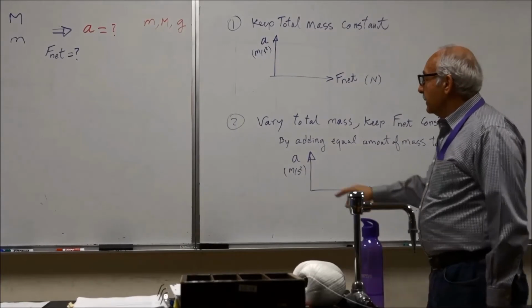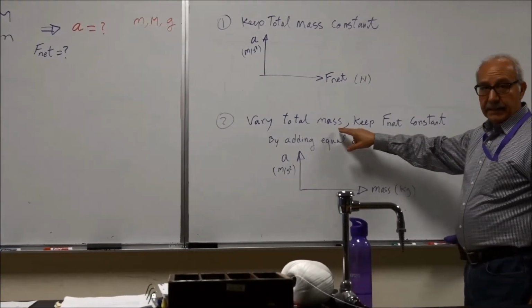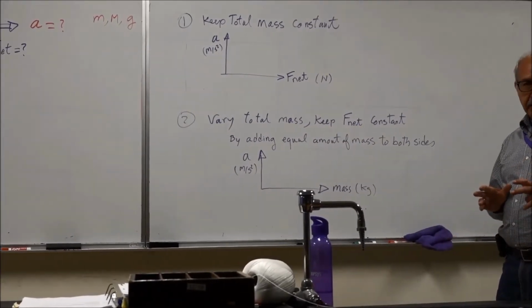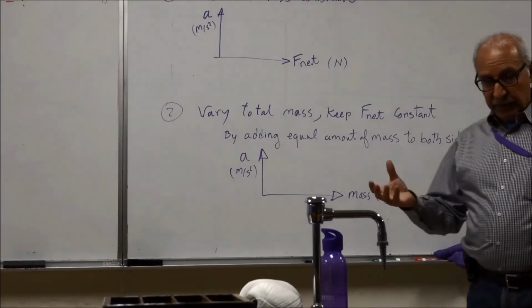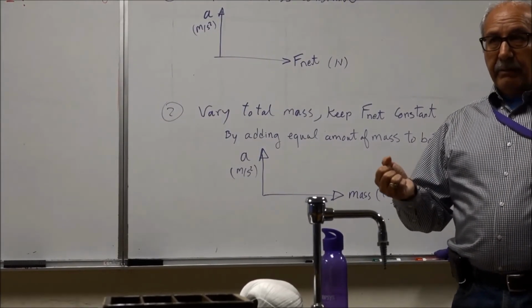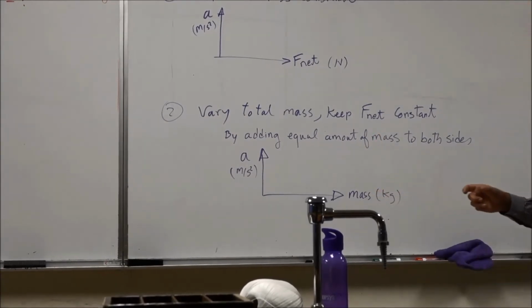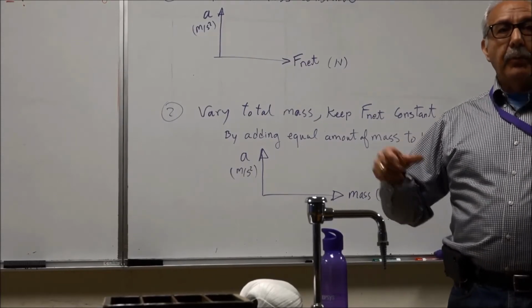The second part, we are going to vary the total mass, but we are going to keep the net force constant. Okay, how do we do that? Well, first we start with 100 gram on both sides, but we incrementally add, say, 10 or 20 gram on both sides.